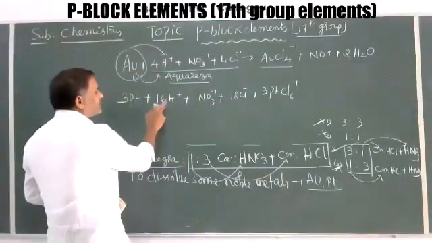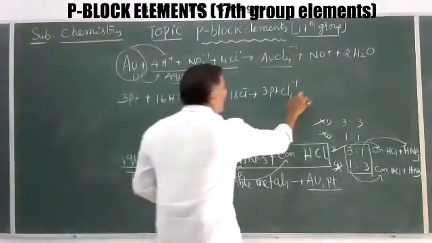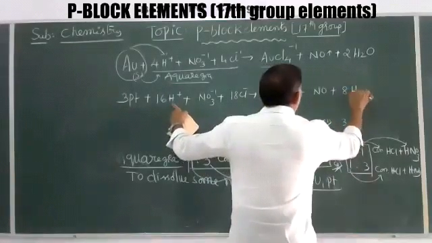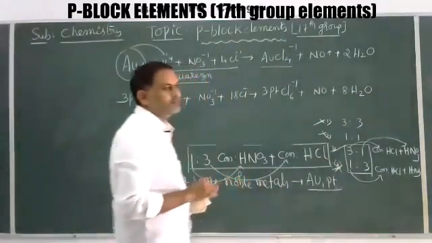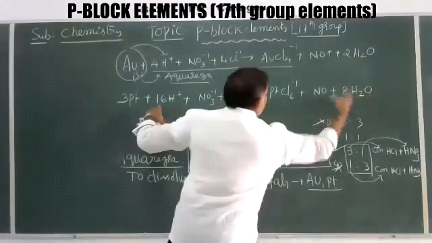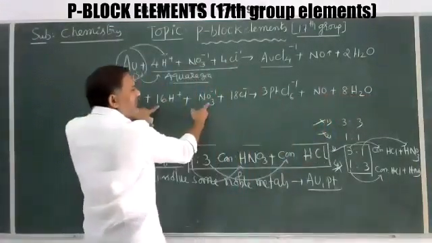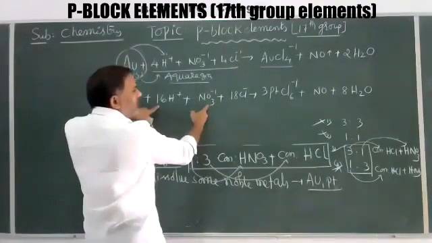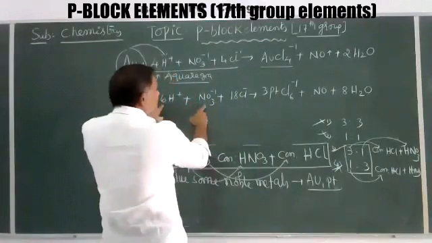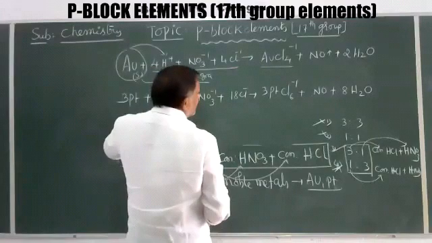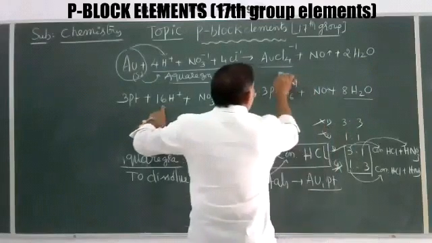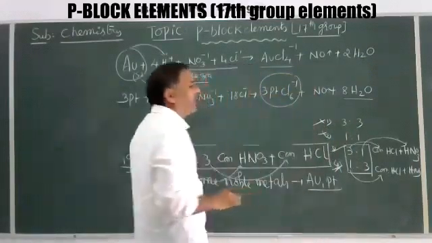And here the 16H+ and platinum required, here NO gas is produced, NO plus your 8 H2O water is formed because of 16 H+. Now here 8 oxygen atoms, this is the 9. Totally here 3 are there, 9 we want here. So here the corresponding nitrogen atoms, if we take, here the 16. Here nitrogen gas and here water as it is. Now platinum hexachloride is formed.